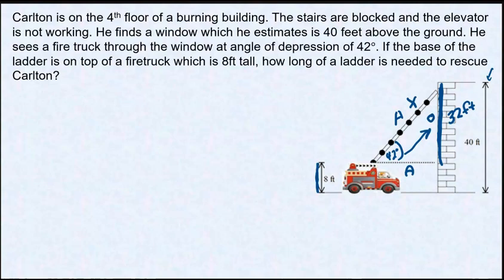So the way I got 32 feet is I subtracted the 8 feet tall of the fire truck from the 40 feet of the building to get 32 feet. Now I can perform some trigonometry. This is once again a sine question, and the reason for it is because we want to know the length of the ladder.